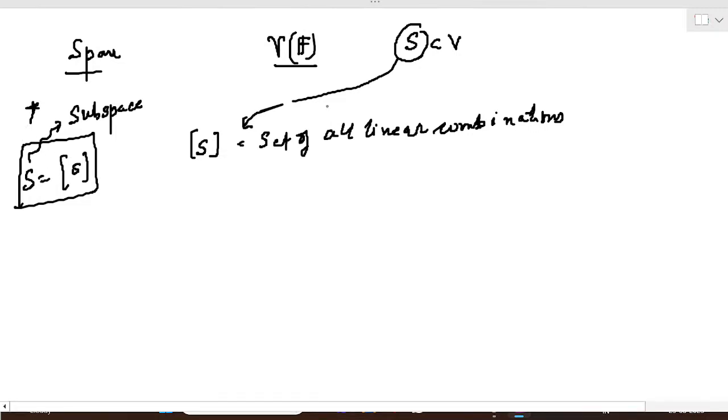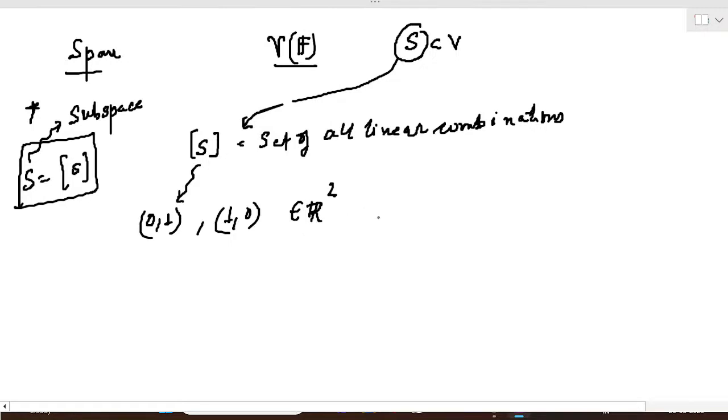Now what is the set of all linear combinations? I've done a few examples to illustrate this. I've taken the example of (0, 1) and (1, 0). Clearly they both belong to R square. Is that clear? Yes or no?